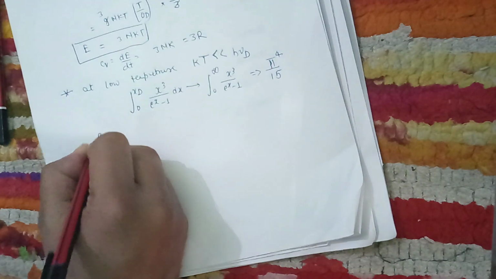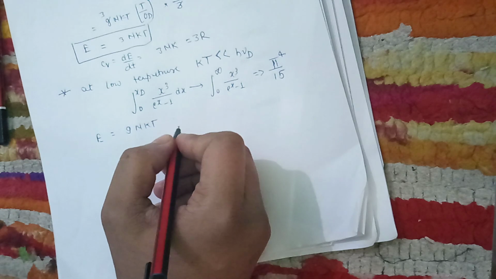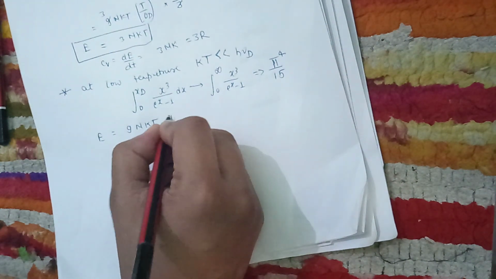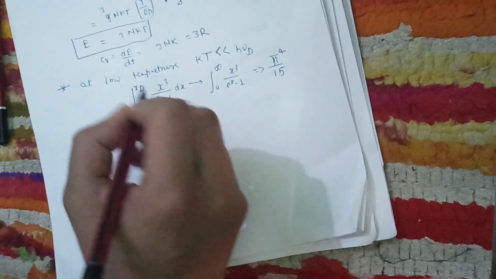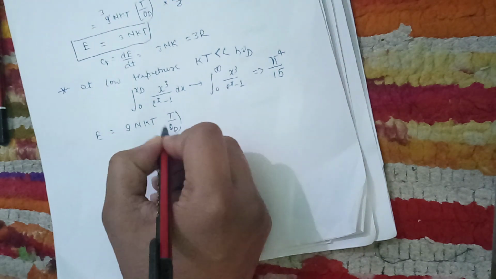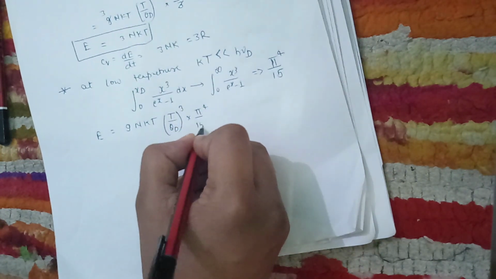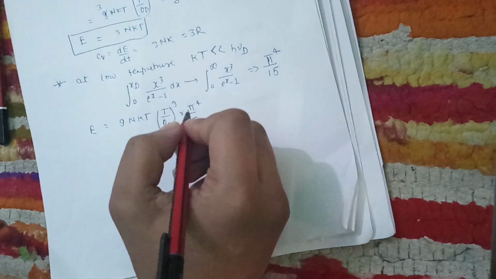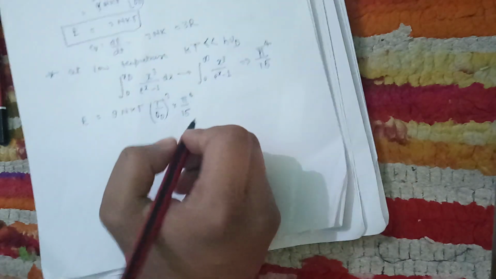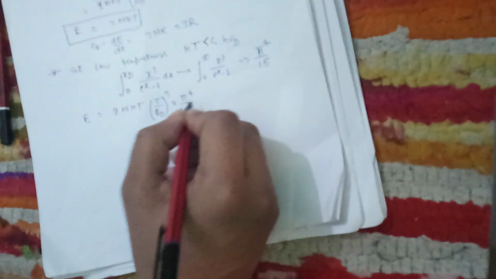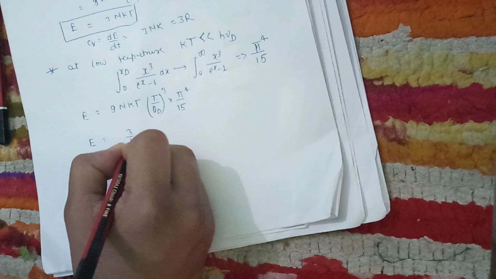Now we put the value, so E becomes 3 by 5 pi to the fourth n kt.